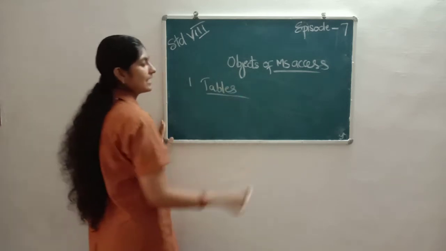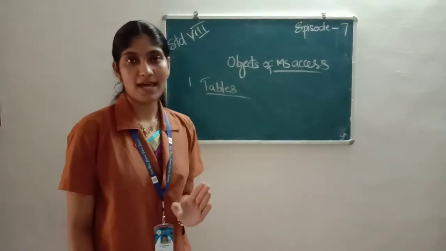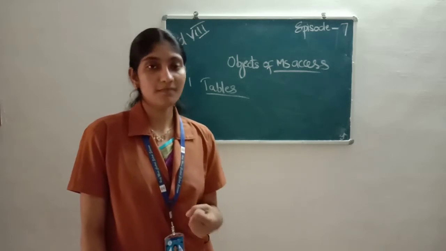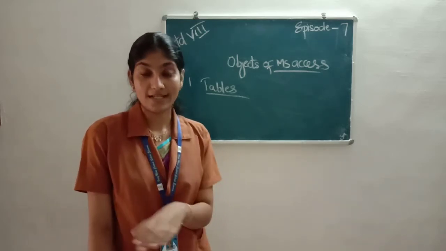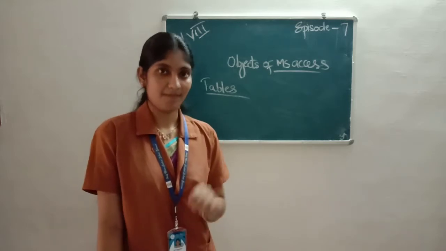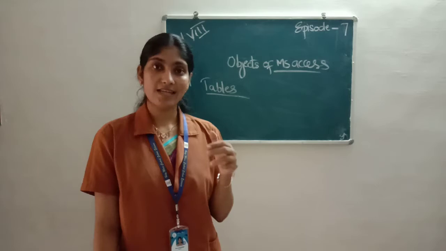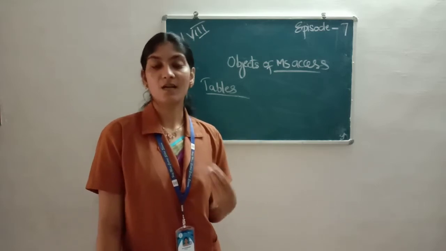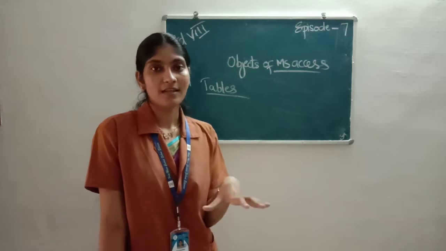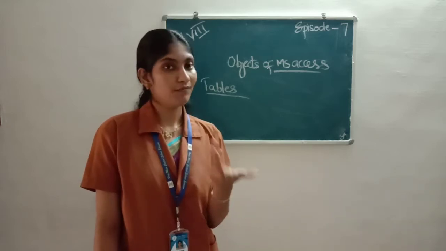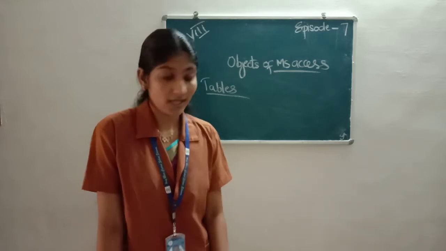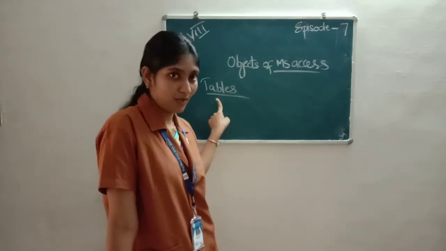We know in a relational database management system, tables are the fundamental building blocks of the database system. In a table there are many records. A record means one set of fields, and a field means a single piece of information.